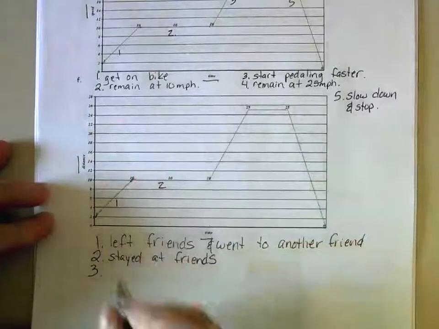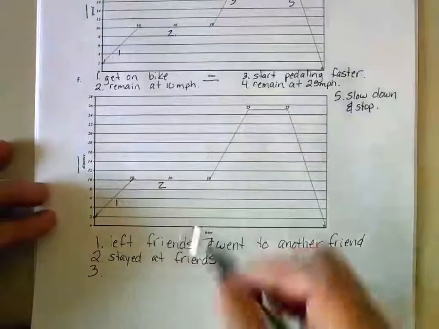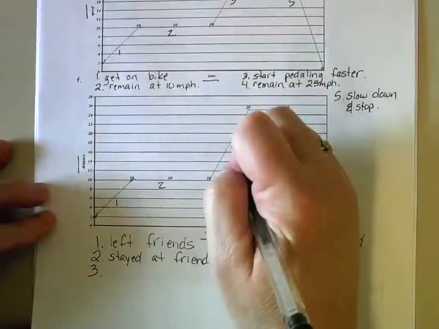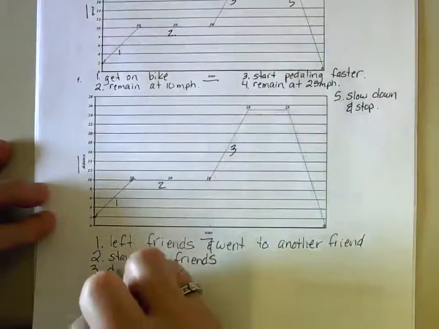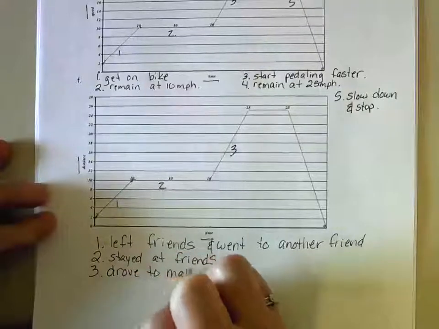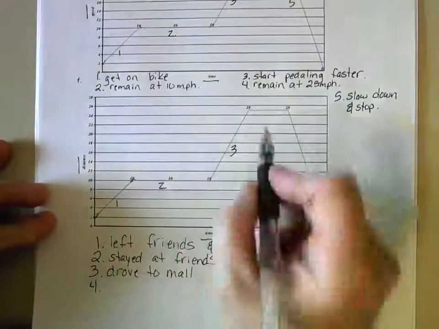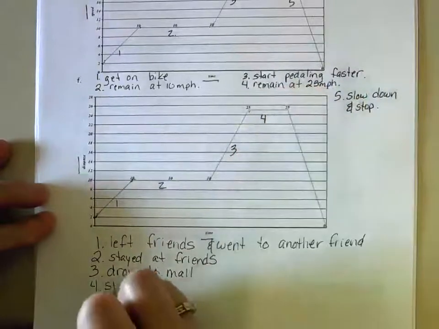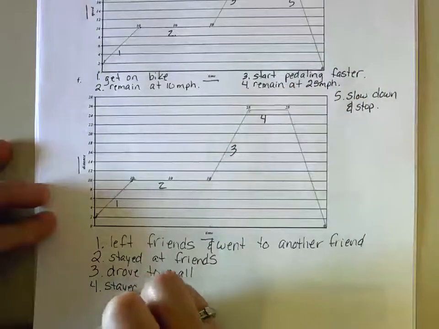And then the 3 of you must have decided to go somewhere else, maybe to the mall. So for number 3, you drove to the mall. And then number 4, this distance doesn't change, so you stayed at the mall for a while.